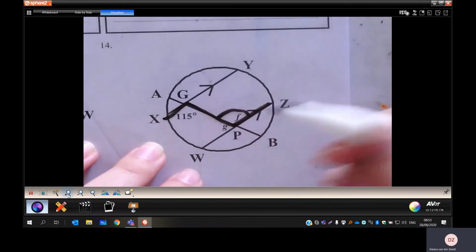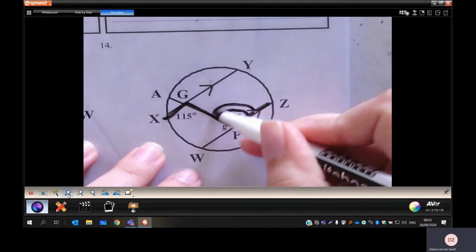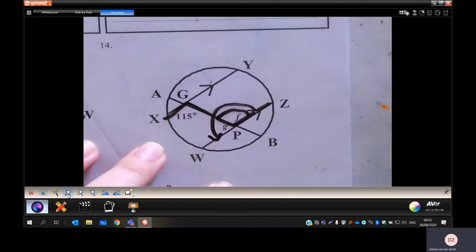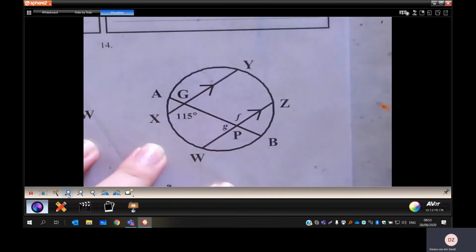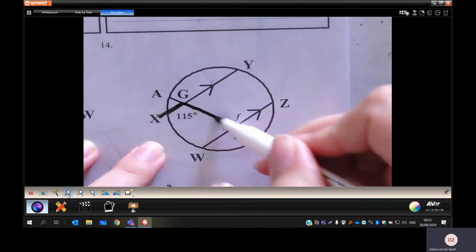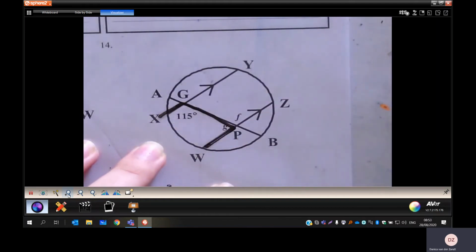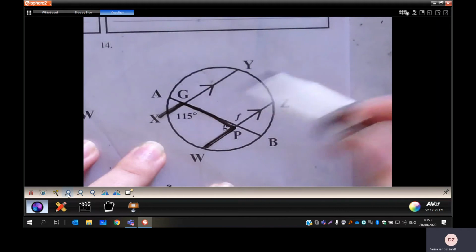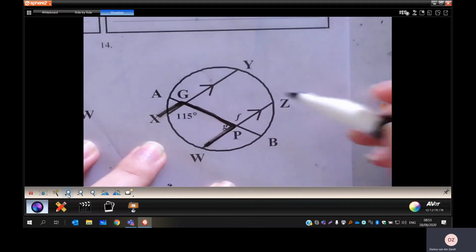And then what I did was I went G was angles on a straight line, which would give me G plus 115 equals 180, and therefore G is equal to 65. That's not the only way. Keenan? I think G plus 115 into the angle, and then XY is parallel to WZ. Okay, and then how did you get F?